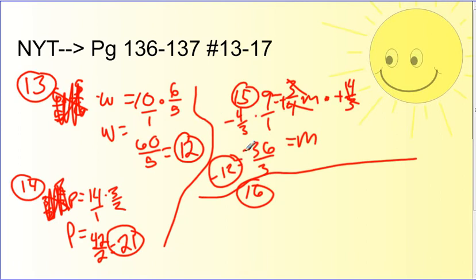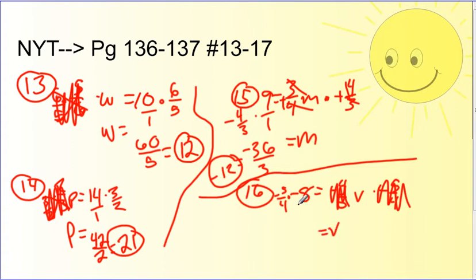Lastly, number 16 says negative 8 equals negative 4/5 V. Same thing, times by negative 5/4. That's the reciprocal of that fraction. Times by negative 5/4. So this and this cancel.